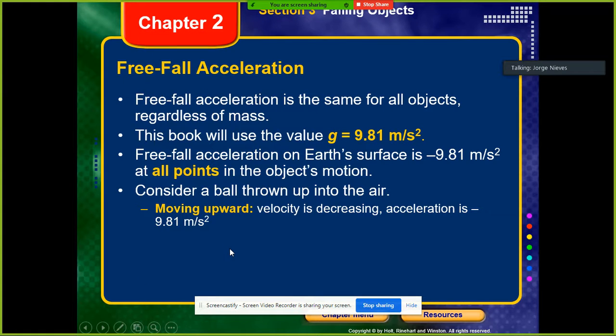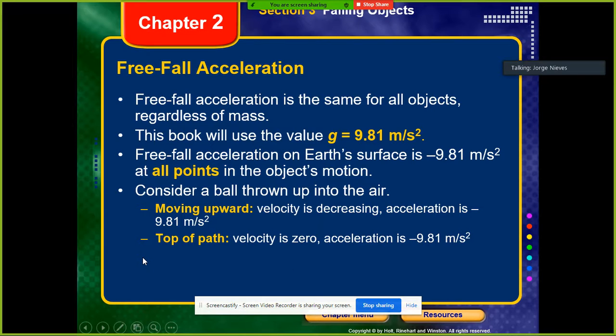So moving upward, the velocity is decreasing, so acceleration is 9.81. So if we throw a ball to the air, the velocity is decreasing and the acceleration is going to be positive because it's up. So at the top of the path, velocity is zero, so acceleration is negative 9.81 meters per second squared.